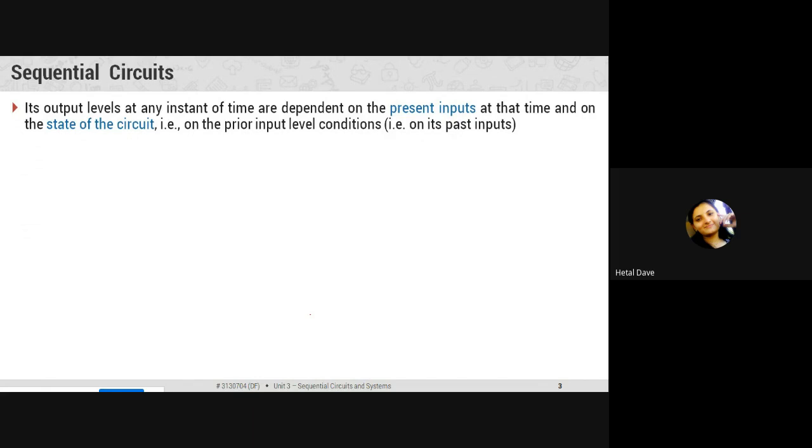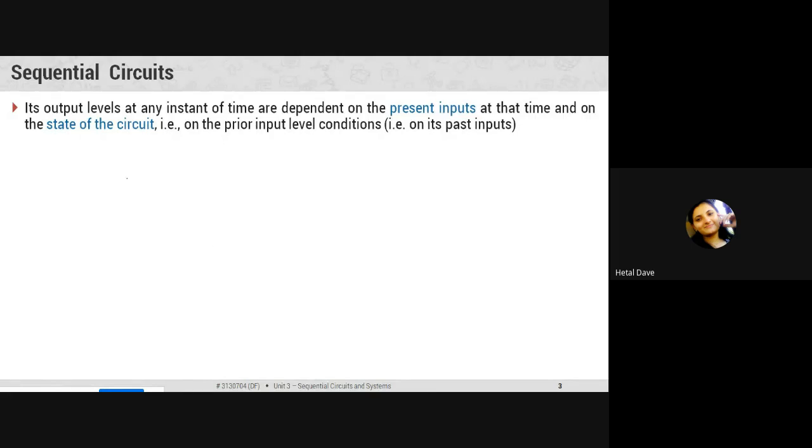Let's say we have designed a code converter. So a code converter is a combinational circuit. Whenever input 0, 0, 0, 0 is applied, I get output BCD to XS3, 0, 0, 1, 1. Whenever input is applied, the output is instantly there at the output side.